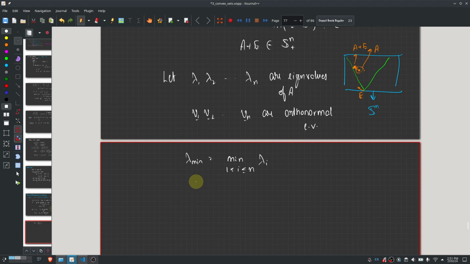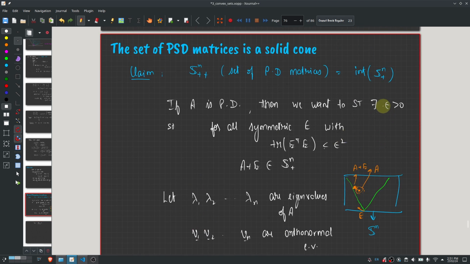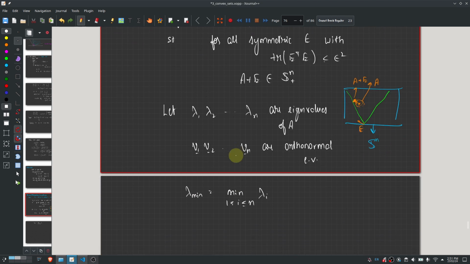Now suppose I need to choose a particular epsilon, right? This epsilon is allowed to depend on A. Let me say that I choose epsilon to be anything less than lambda min. Okay, any value less than lambda min. Maybe it's lambda min by 2. I know that lambda min is strictly greater than 0 because it's a positive definite matrix.